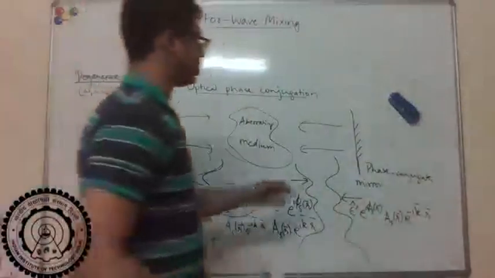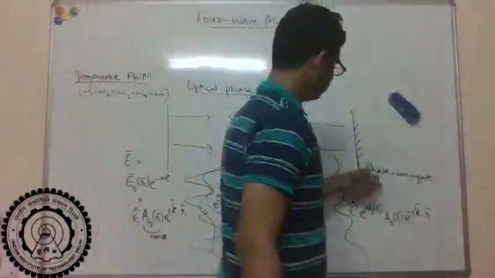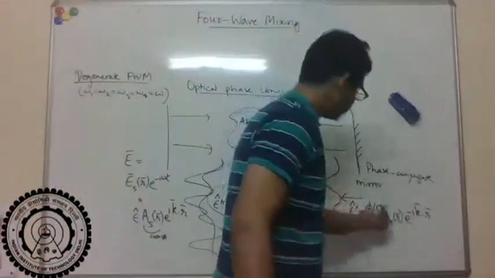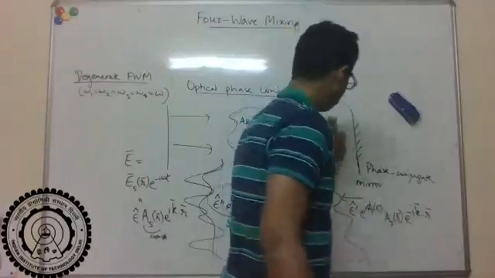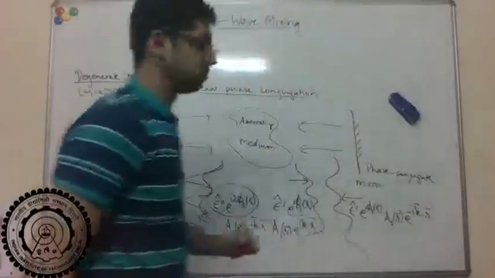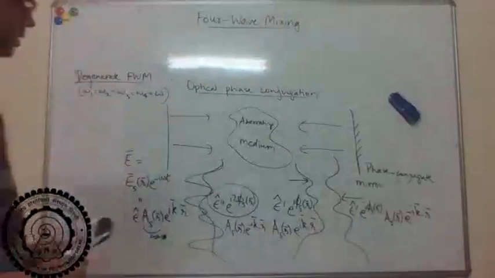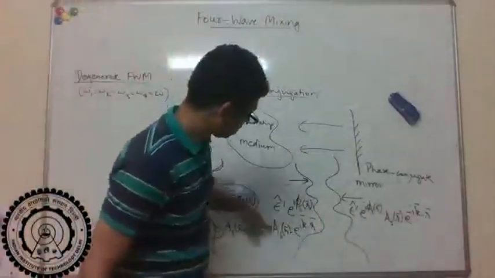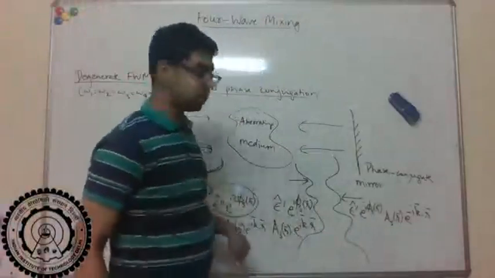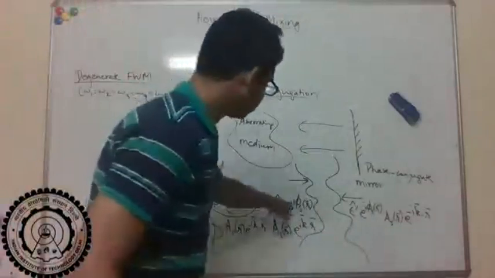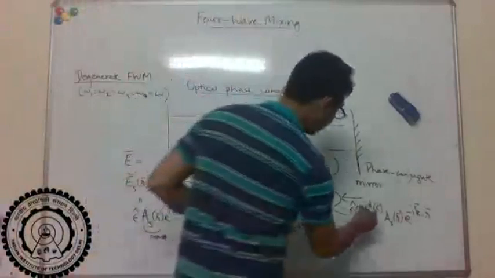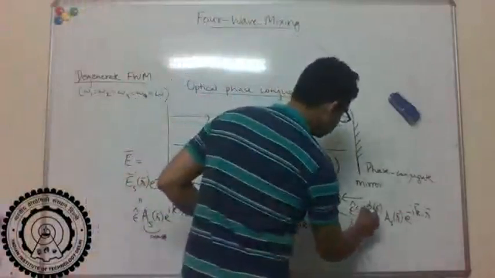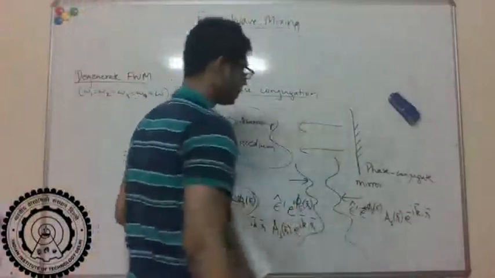Okay, so what is a phase conjugate mirror? It's a mirror which conjugates my input field. Okay, so here my input field was this, right? So all the phase variations are negated.